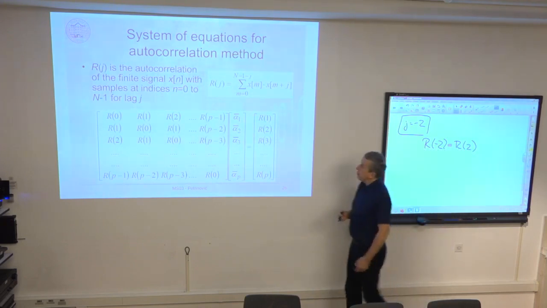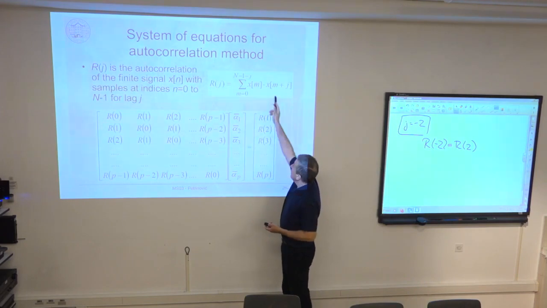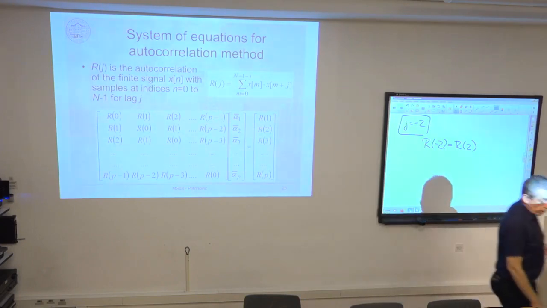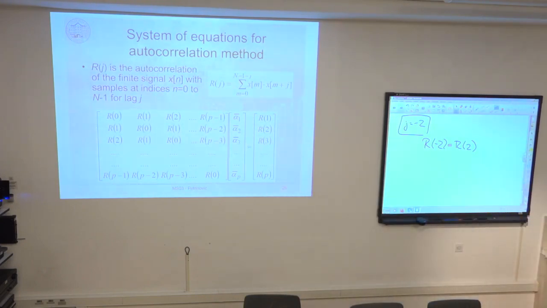You can easily check by substituting such a case. So we have this symmetry: the autocorrelation function is symmetric in the lag j. This is called lag, delay lag, or autocorrelation lag. So if this j has a negative value, it doesn't matter, we have the same autocorrelation as for the positive delay, positive lag. Okay.